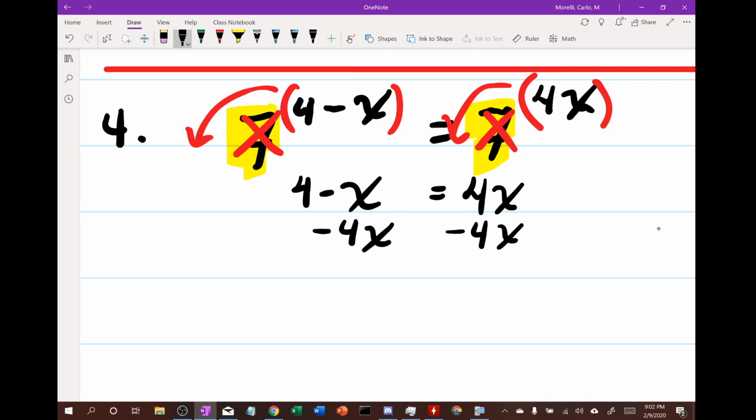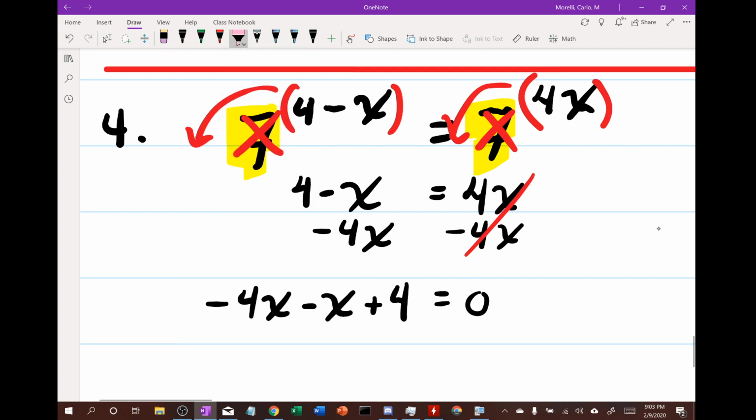It cancels out on the right and leaves behind a 0. And then I've got negative 4x minus x plus 4 on the left side. These are like terms, the negative 4x and the negative x.